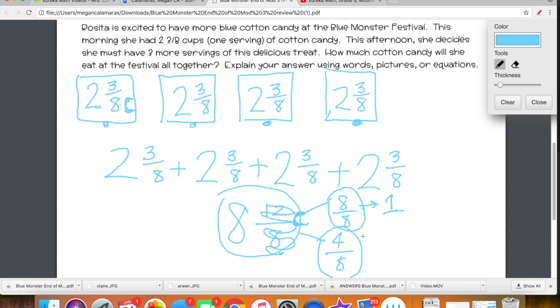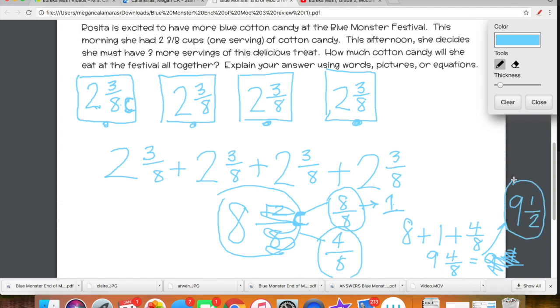Let's use 8 plus 1 plus 4/8, or 9 and 4/8 is our final answer. Or we can even simplify 9 and 4/8 as 9 and 1/2.